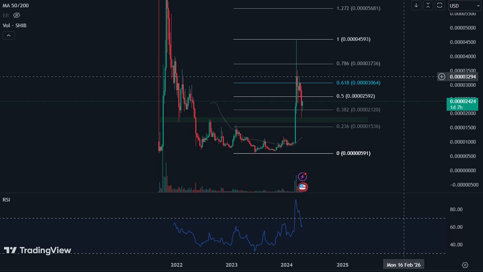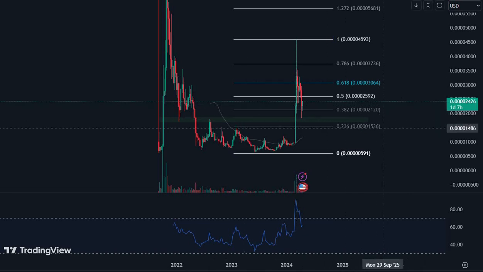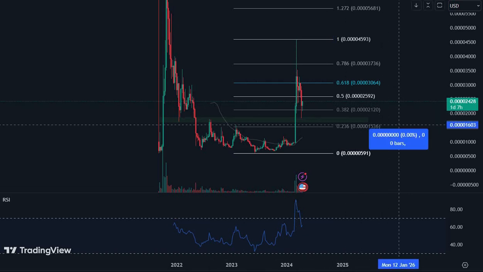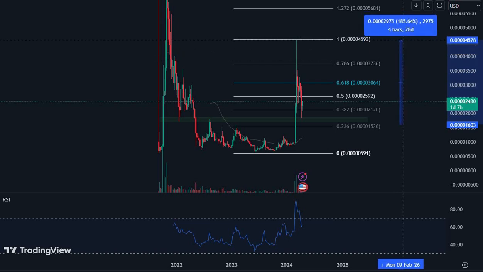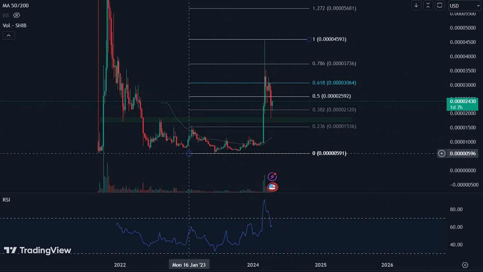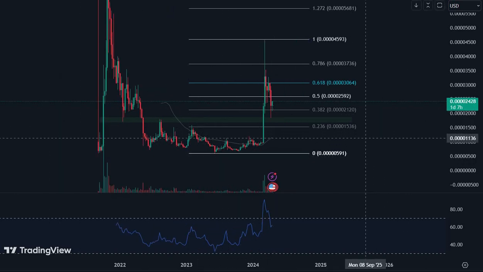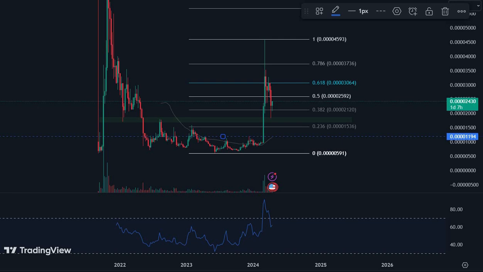There's so many opportunities all the time. And look guys, if we top this level of what I was talking about, like 1600, if we go back to the local top, it's 185% of profit. Are you kidding me? And if we go to this moving average right here, which I think would be the last level for me to purchase, would be this level, 1200 right here, let's say.